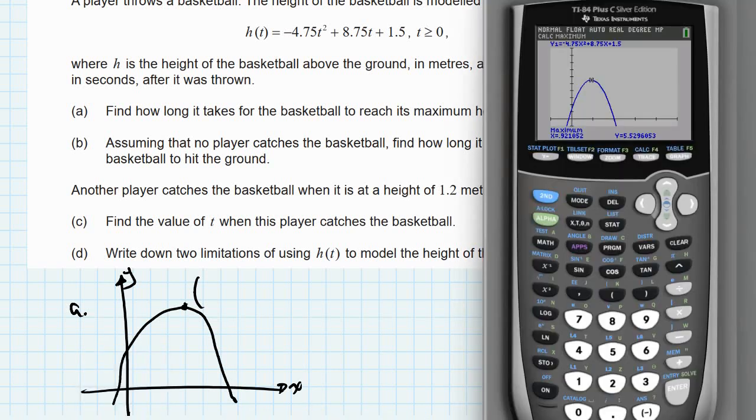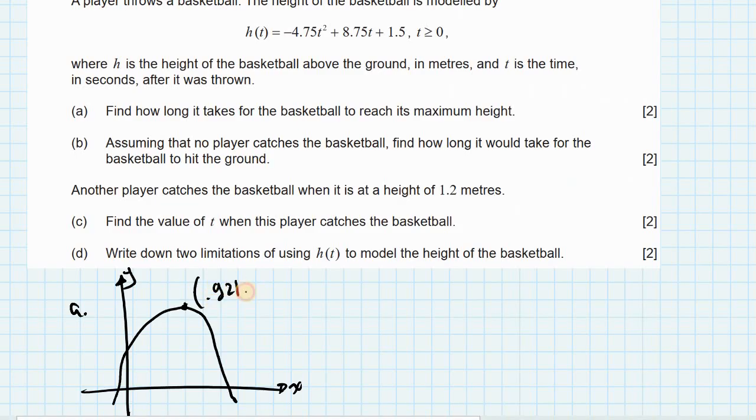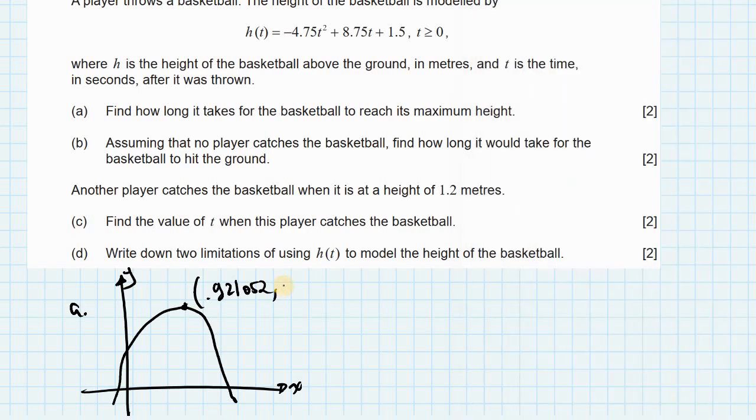Different calculator, sorry, I have two calculators here. 0.921052, comma, 5.529, blah blah blah. Meaning when the time is 0.921 seconds, the height reaches the maximum, which is 5.529 blah blah blah meters.